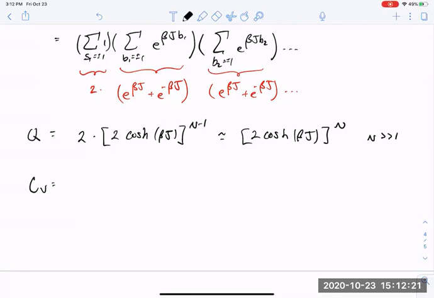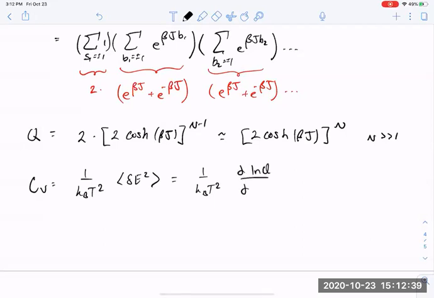And we know how to compute the heat capacity. That is 1 over k_B T squared, fluctuations in the energy. And the way to compute that from the partition function is 1 over k_B T squared, the second derivative of the log of the partition function with respect to beta.